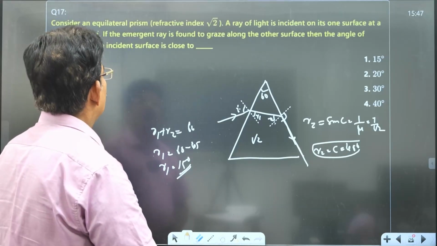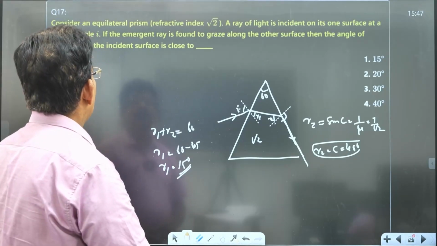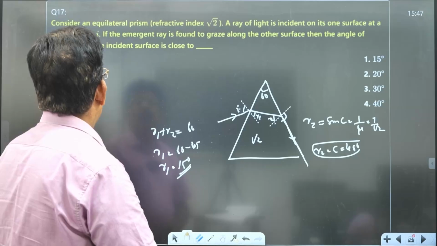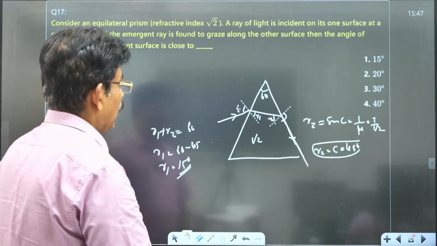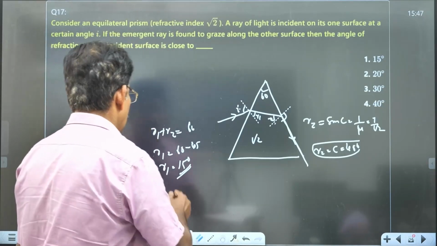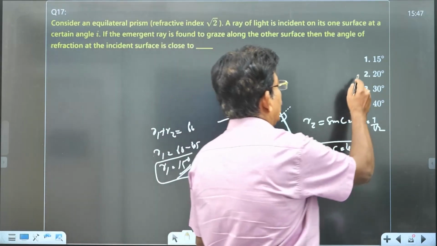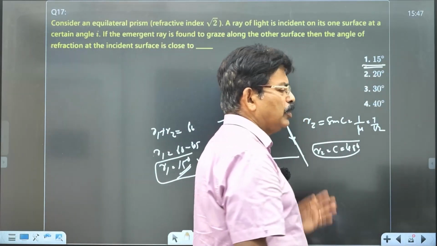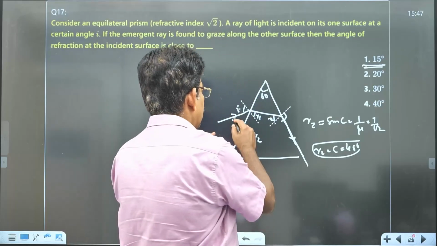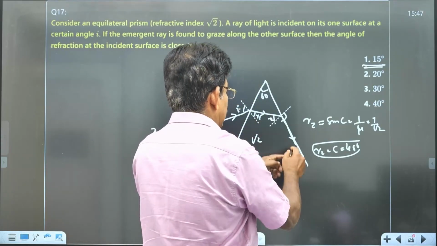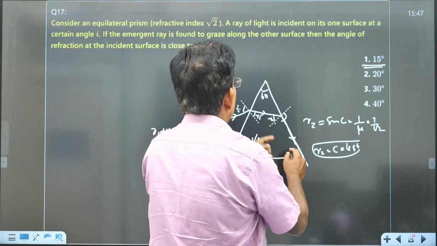Now, we have to calculate the angle of refraction, that is R1, the angle of refraction at the first surface. Light ray coming here, going like that, at the second surface it undergoes grazing.